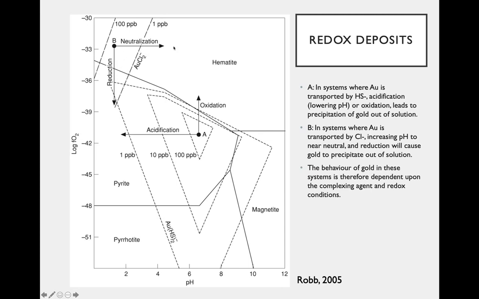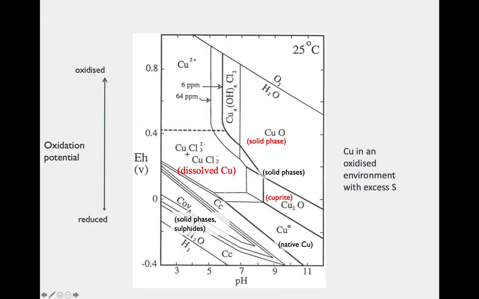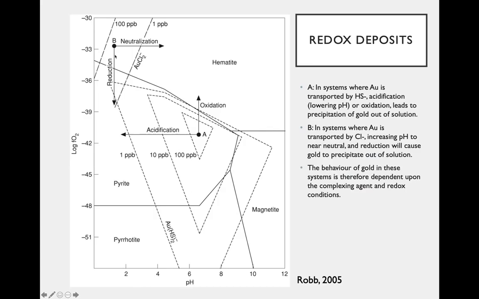So if we neutralize the fluid, we're going down these gradients in solubility. My apologies, I'm terrible at this. Or we can do it less so through a reduction process. So you can see the behavior of gold in these systems is dependent on the complexing agent and the redox condition.